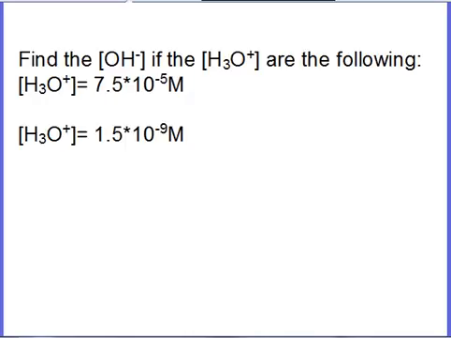Remember to use this equation: Kw is equal to the concentration of hydronium times the concentration of hydroxide. So go ahead and plug in these hydronium concentrations. We know Kw is 1.0 times 10 to the negative 14, and solve for hydroxide. So if you want to go ahead and pause the video right now and solve those, when you unpause, I'll go ahead and have the answers ready for you.